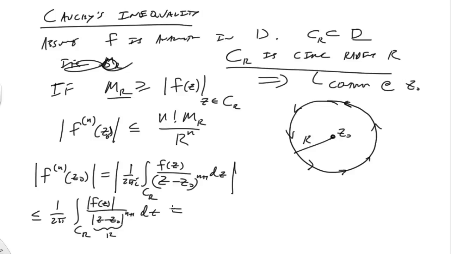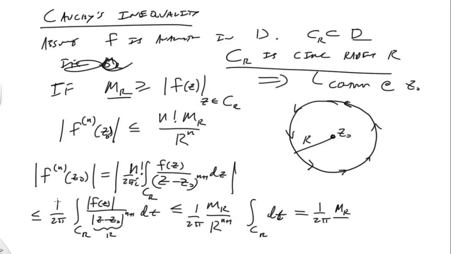So we can write this as follows. This is less than or equal to MR, which we can put outside the integral, and then R to the n plus 1, because that can come outside of the integral as well, 1 over 2 pi. And then we have the integral over CR of dt. Oh, sorry. You know what we forgot here in Cauchy's integral formula?